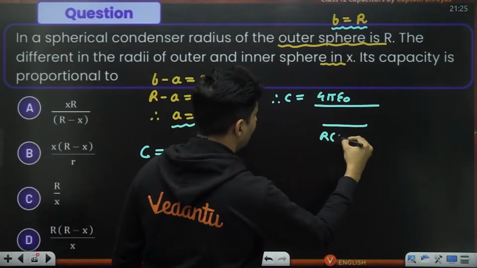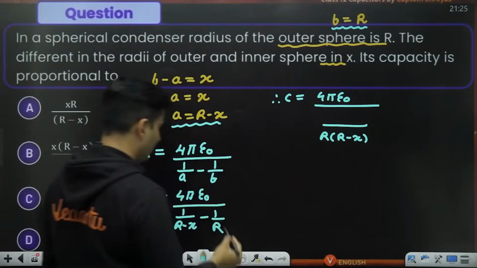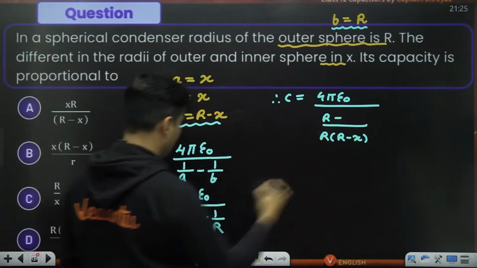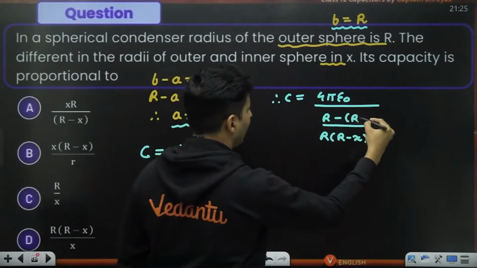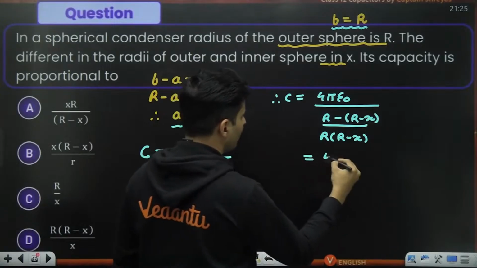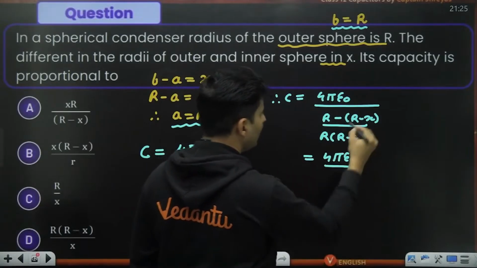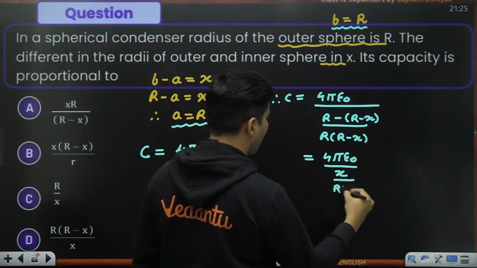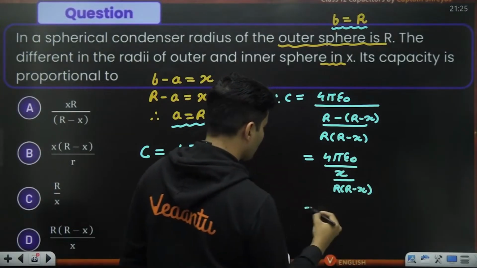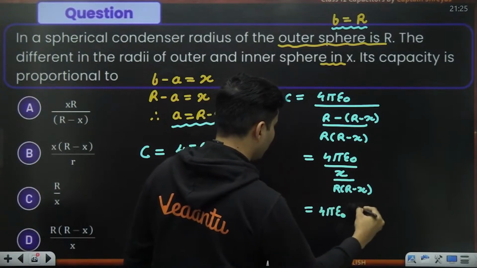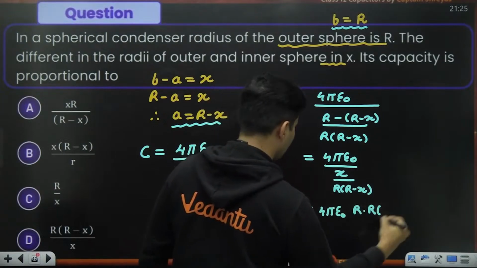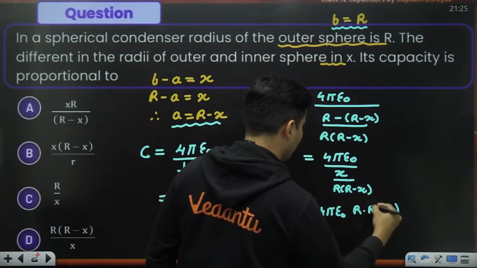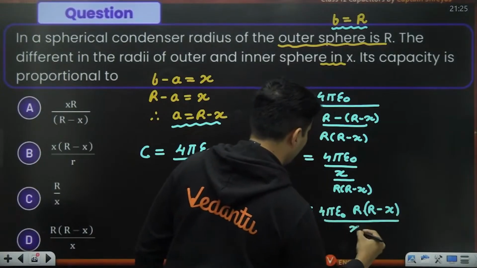So it will be R into R minus X, then over here we'll have R and minus of R minus X. So this will be 4 pi epsilon naught, R will cancel, minus minus will become plus. So X divided by R into R minus X. So this will be 4 pi epsilon naught, R into R minus X will go on the top, the whole thing divided by X.